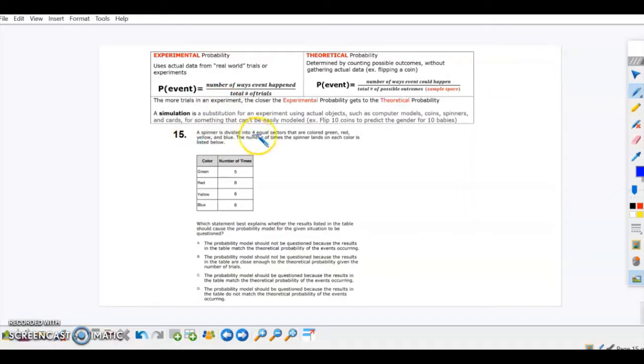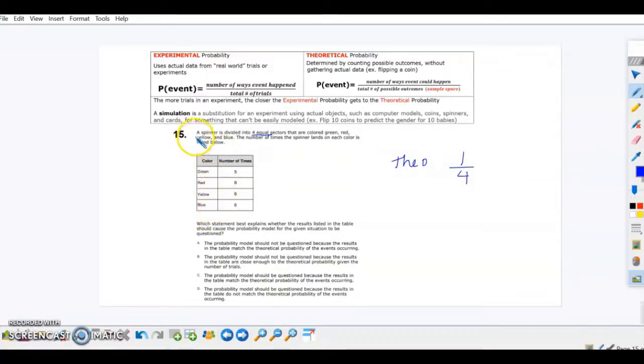Theoretically, if we're spinning something that has 4 equal sections, if they're all equal, then what is the theoretical probability of landing on one of the sections? 1/4. Okay, so theoretically, 1/4 is the probability for getting, say, green or red or yellow.